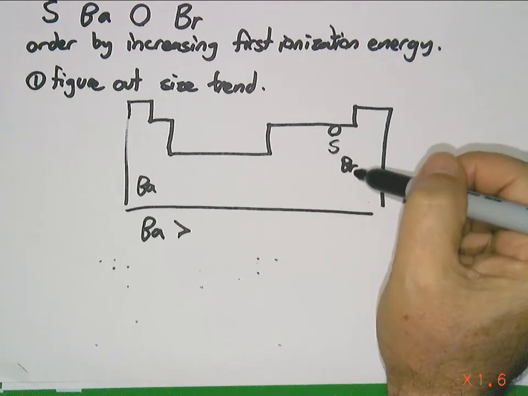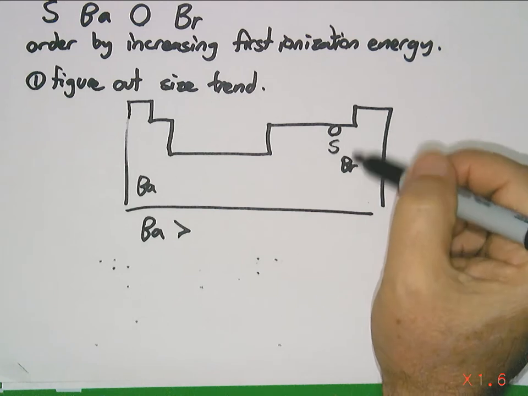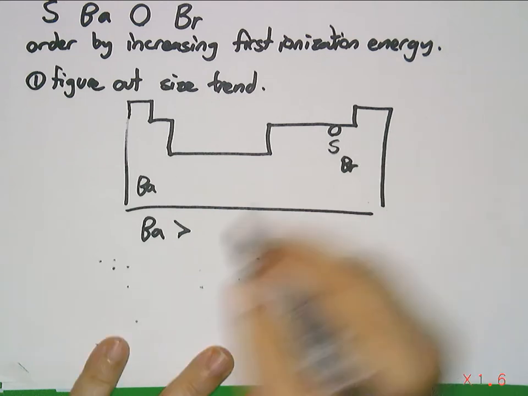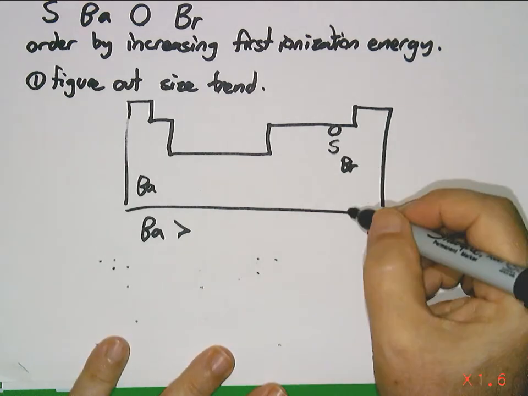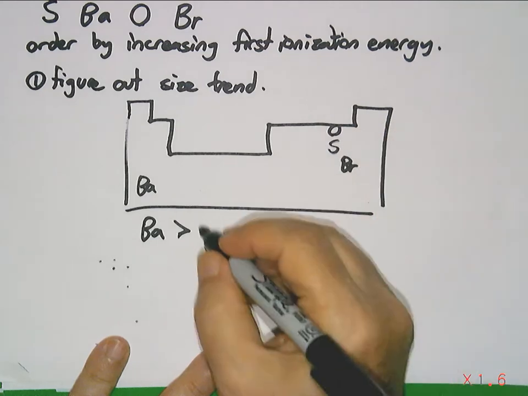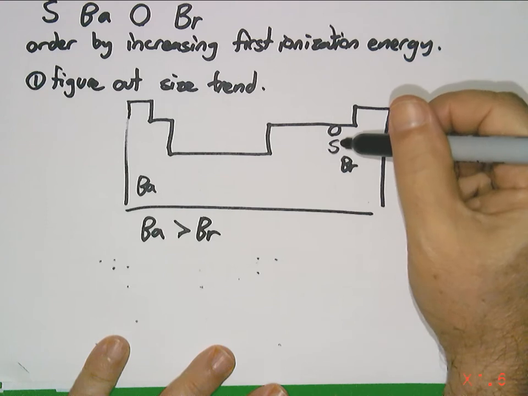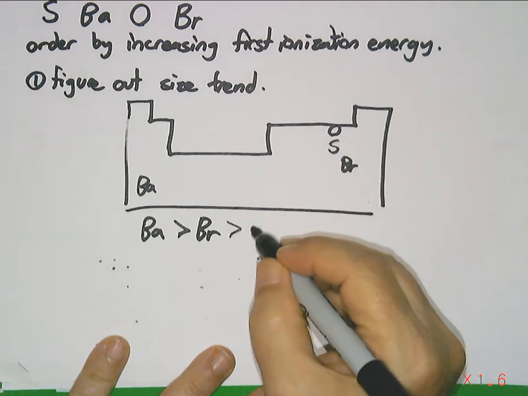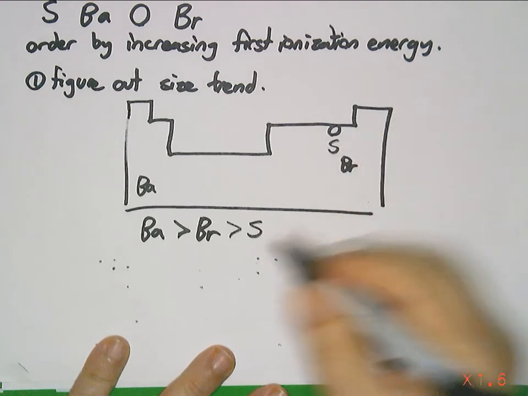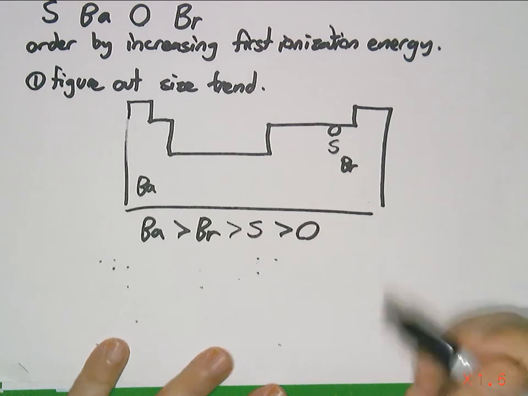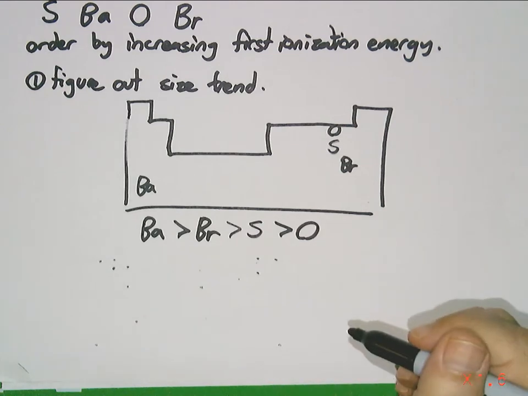But as you go over, they get a little bit smaller. Still, overall, I think bromine is going to be the next biggest because it's farther down the table than these other ones. It has more shells. Then sulfur is going to be the next biggest, and then oxygen is going to be the smallest. So there's my size trend.